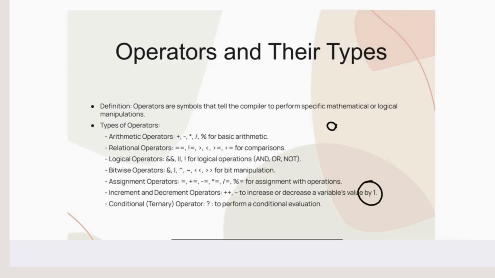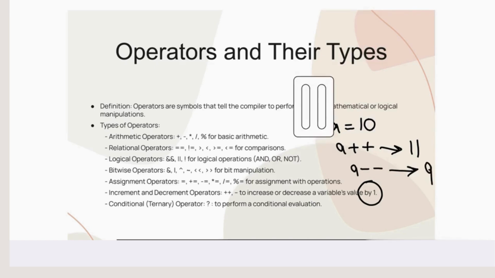So let us say I have a variable a with value 10 and I am saying a plus plus, so the value of a will become 11, only by 1. And if I say a minus minus and if I consider the value of a as 10, then in that case the value of a becomes 9.